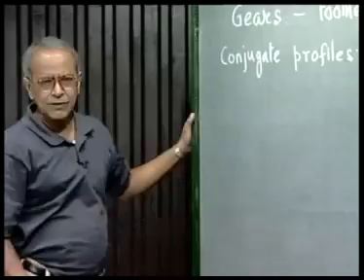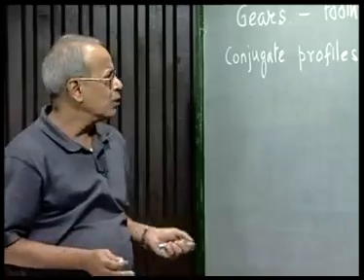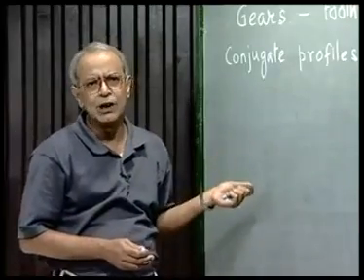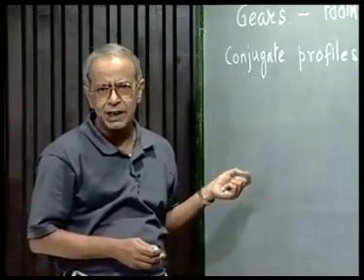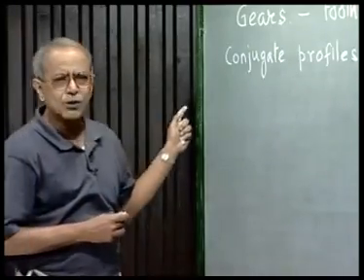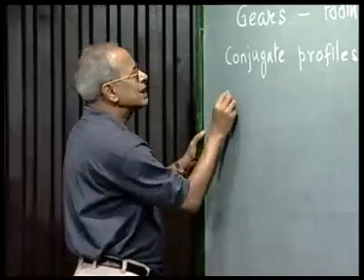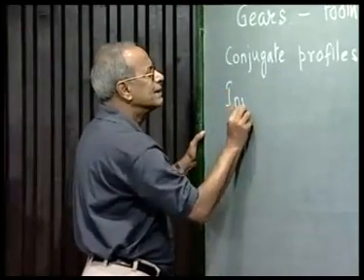In fact, if one profile is given, however arbitrary, so long as it is continuous, we can always find another profile which is conjugate to the given profile, such that the fundamental law of gearing is satisfied. But that is not what is used in practice. In practice, we use what is known as the involute profile.